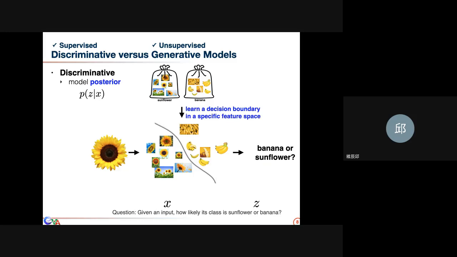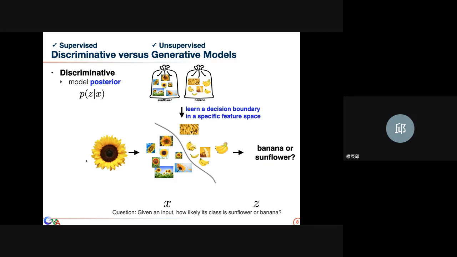For example, you have two groups of data: one is images of sunflowers, and another is images of bananas, right? Then you want to learn a decision boundary in a feature space, and in that feature space you try to separate these two groups from each other.